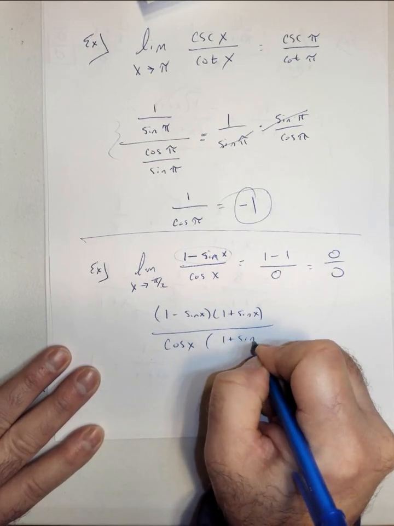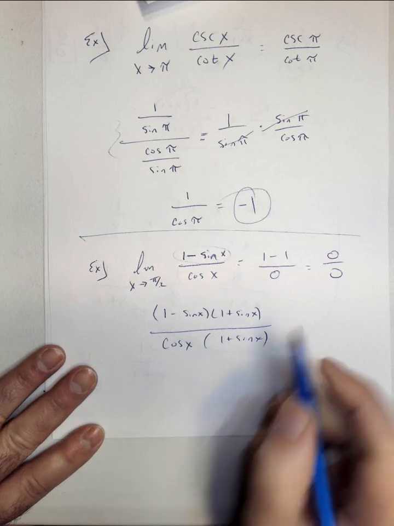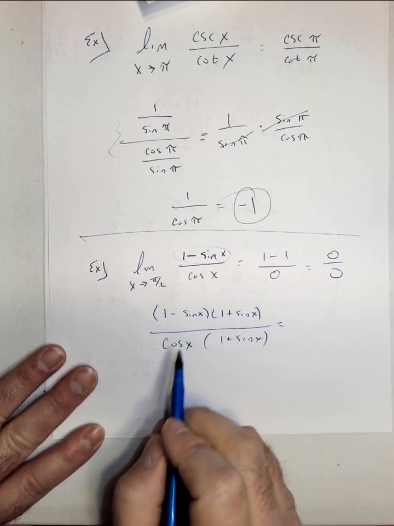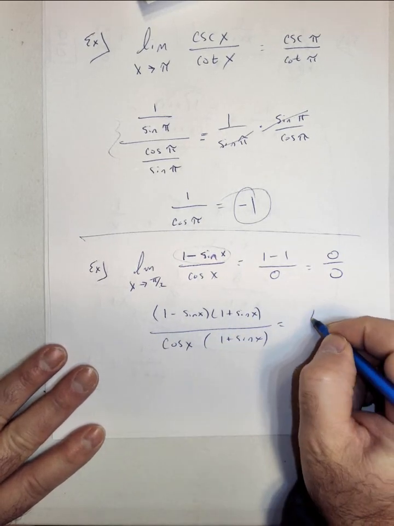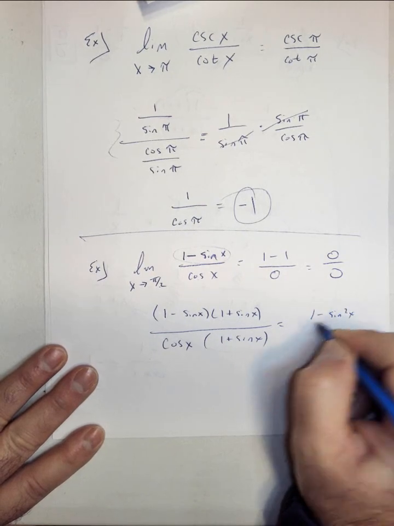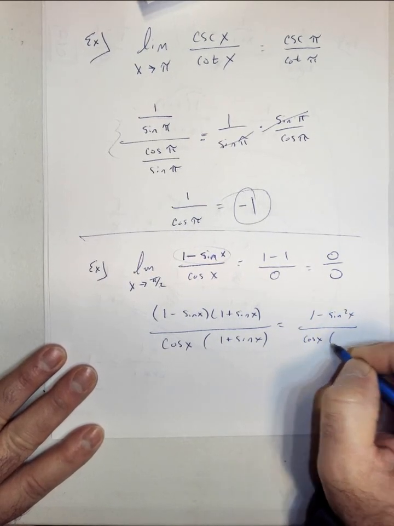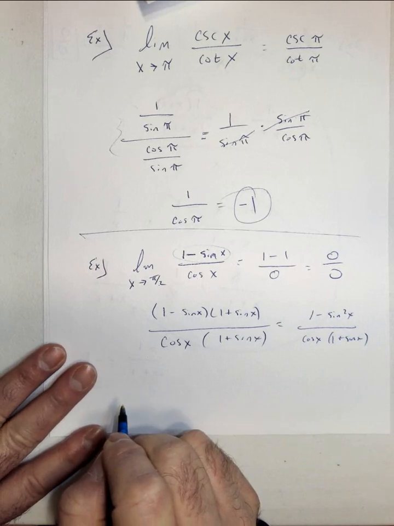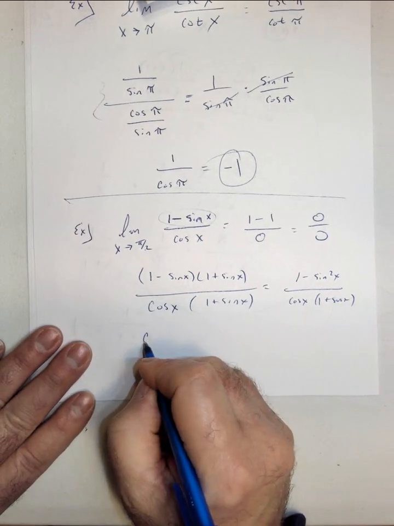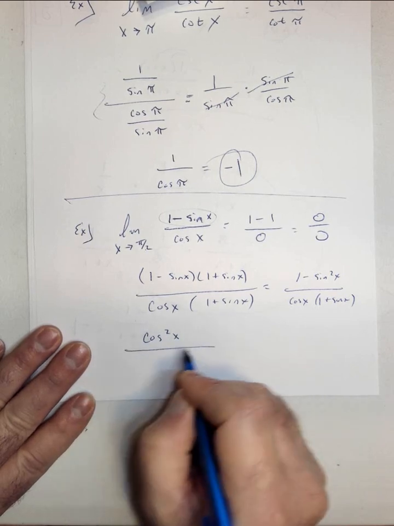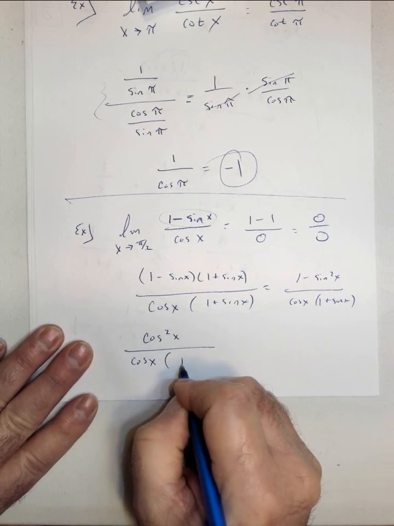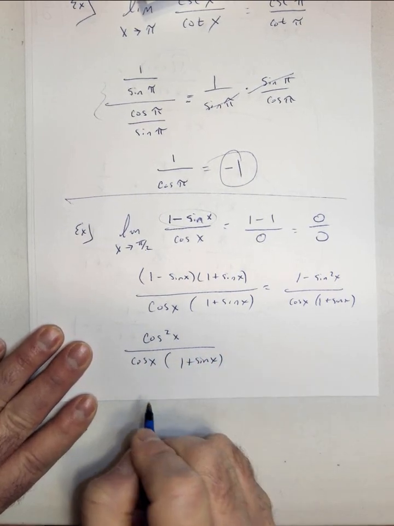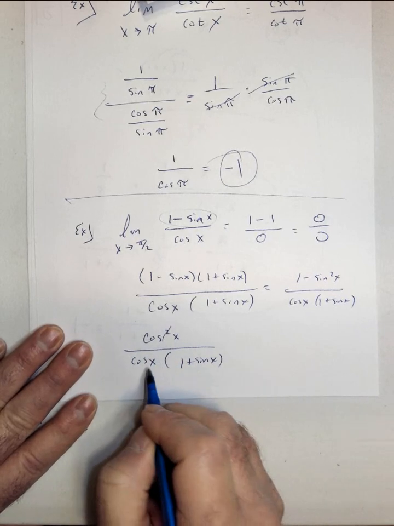So we multiply by 1 in disguise. And what does that do for me? That gives me 1 minus sine squared up top. And 1 minus sine squared is cosine squared, your Pythagorean identity. And then we can get rid of that.